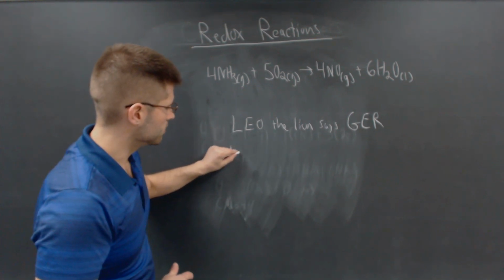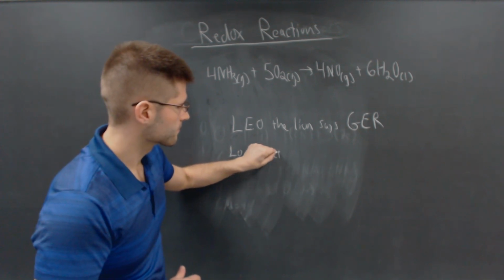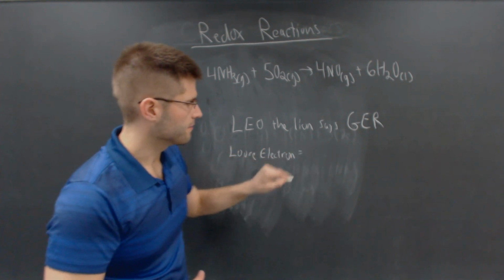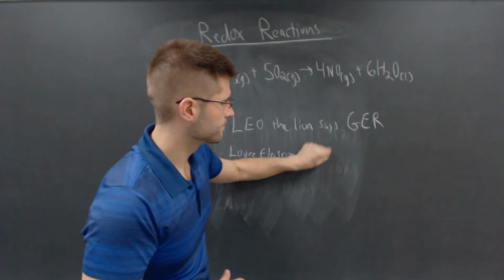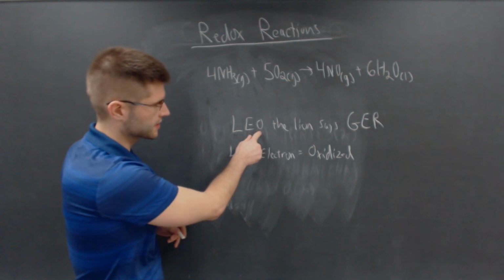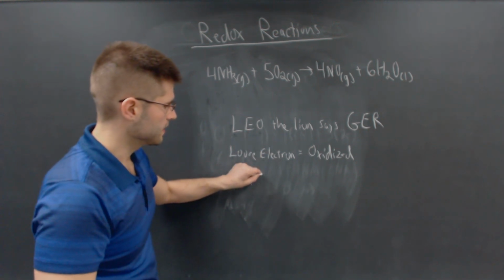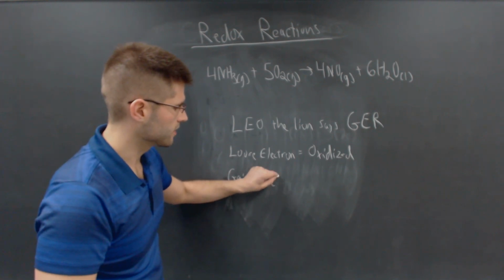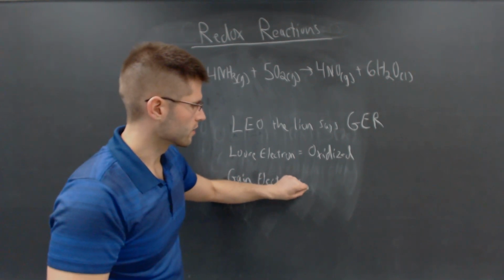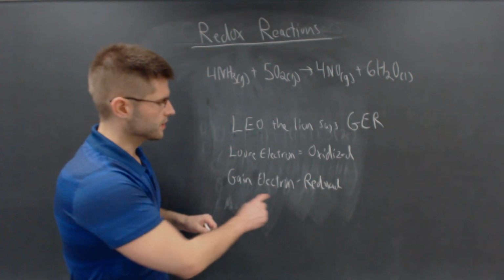It stands for lose electrons. That means you are oxidized. Okay. So lose electrons, oxidized. GER stands for gain electrons, you're reduced. Okay? So reduced.